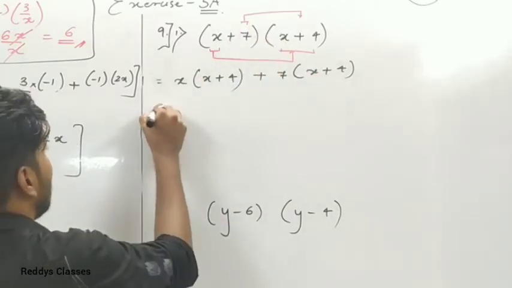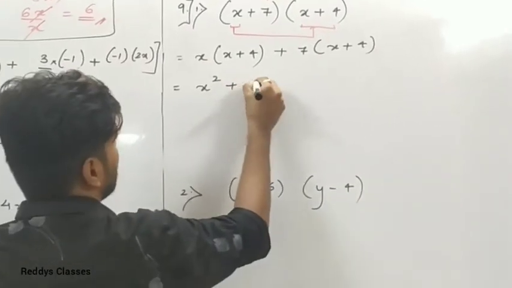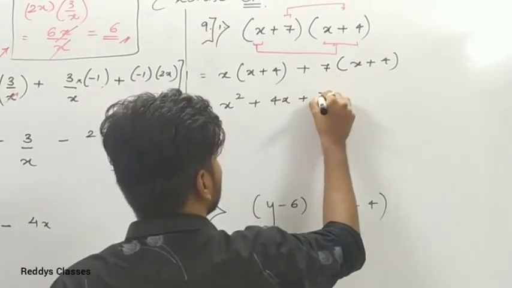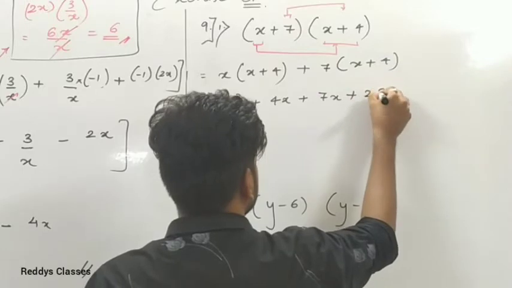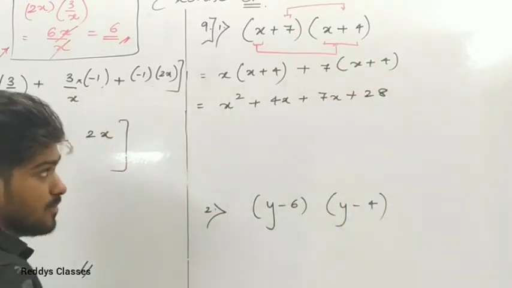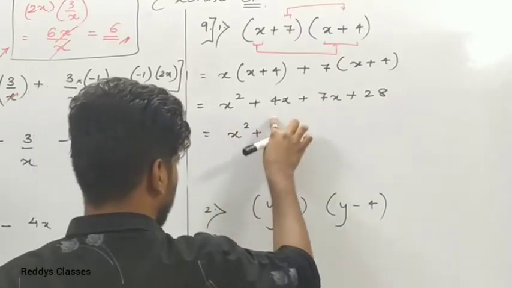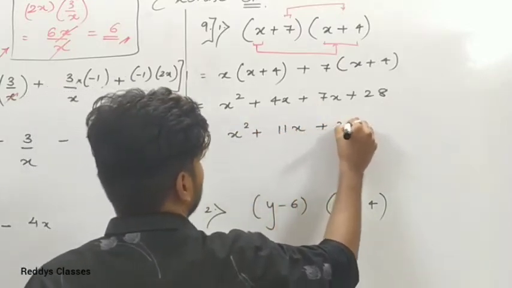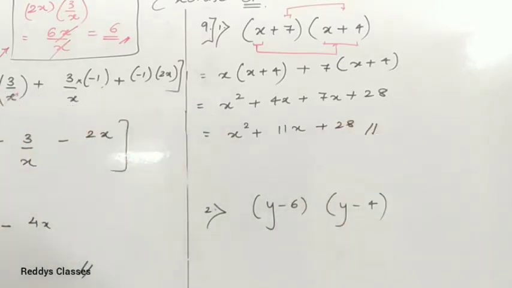So, x square, x into x is x square, plus 4 into x is 4x, plus 7 into x is 7x, plus 7 4s are 28. So, x square plus 7 plus 4, 11x, plus 28. Here we have the solution. This is the easiest solution here. We don't have to do anything.